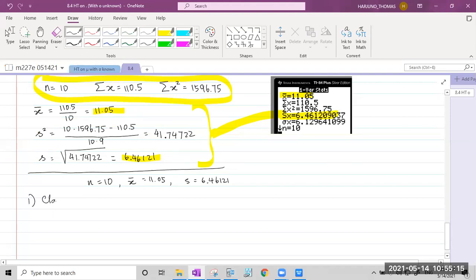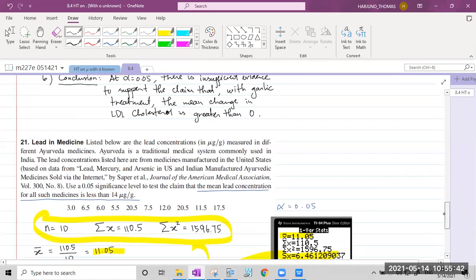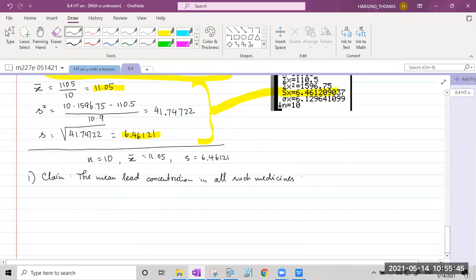So the claim: the mean lead concentration in all such medicines is less than 14 micrograms per gram.